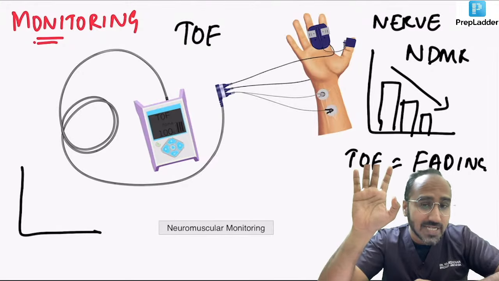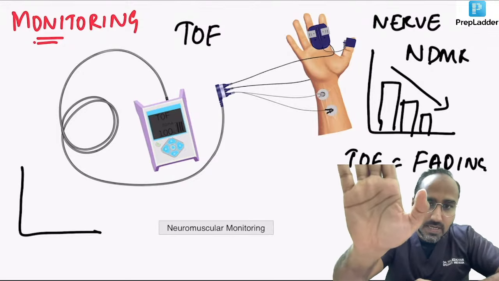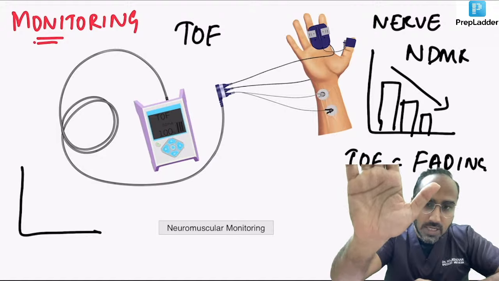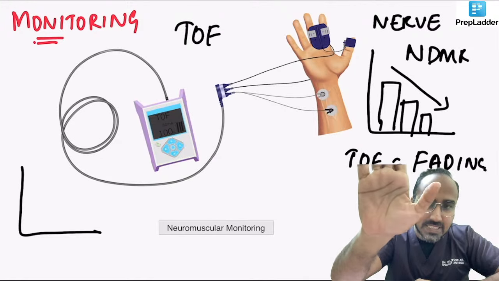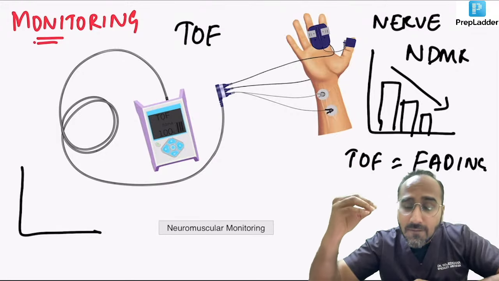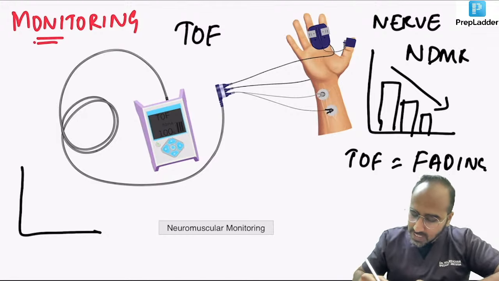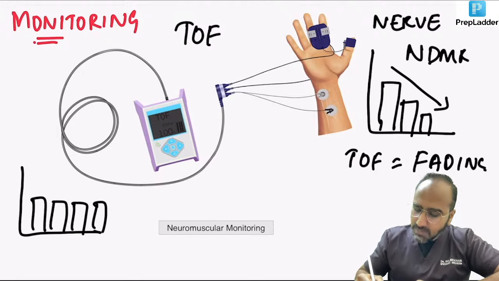That is, 4 twitches are coming. Are you able to see? Normally the twitch should be like this, but here all 4 twitches have the same amplitude. It is decreased, but it is the same.